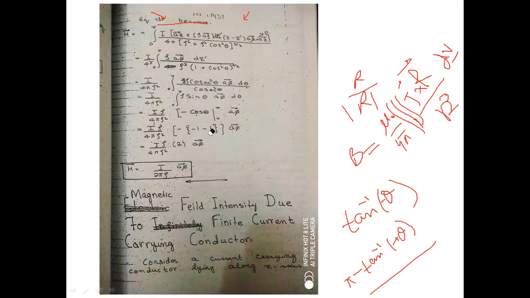So minus 1 minus 1 is minus 2, this minus will be multiplied with this minus, we will get plus 2. Now 2 will be cancelled out with this 4 to get 2, and this rho will be cancelled out with this square, so we are left with I divided by 2 pi rho.